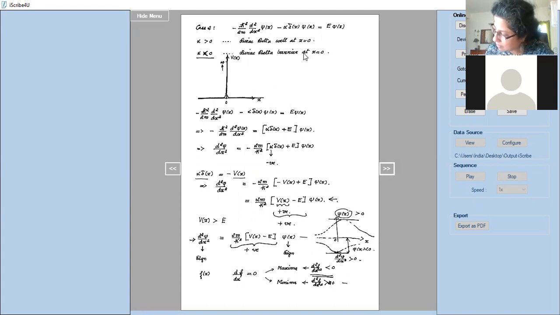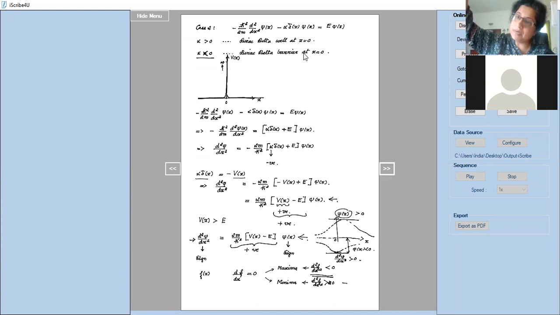Now this contradicts that. It doesn't make it possible, because it says that your d square psi by dx square will have exactly the same sign as psi of x, in which case when psi of x is positive, d square psi by dx square is also positive, which means you can never have a maxima. You will not meet that condition at all.